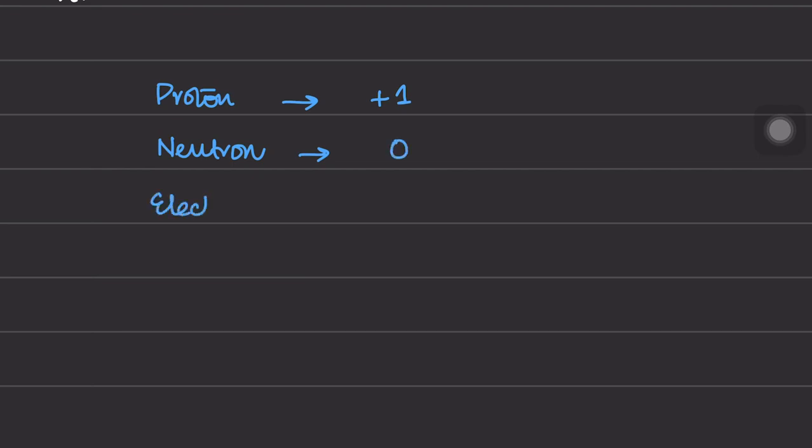And finally, electrons have a negative 1 charge. This here represents the charges, and this here represents the relative mass.